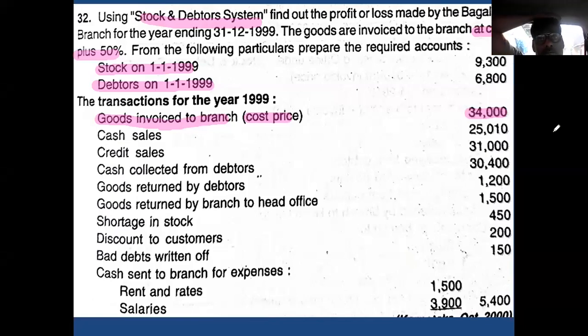Tell me. 17,000. 17,000 you have to add to 34,000. That makes 51,000. 51,000 you have to write in the stock account, debit side, to goods sent to branch 51,000. Remember this. You have to write 51,000.